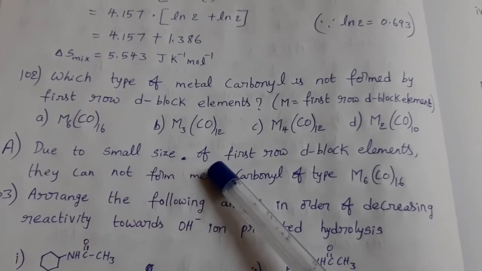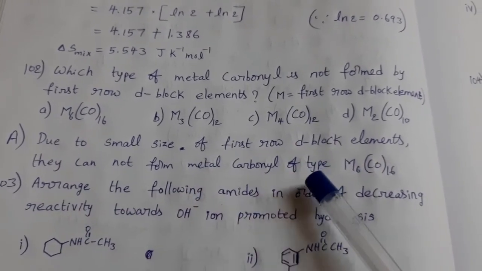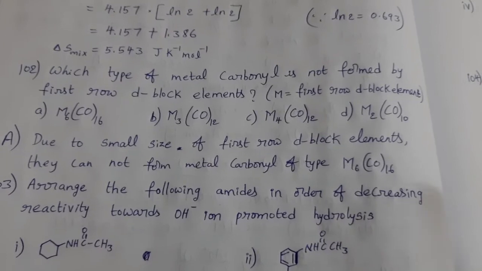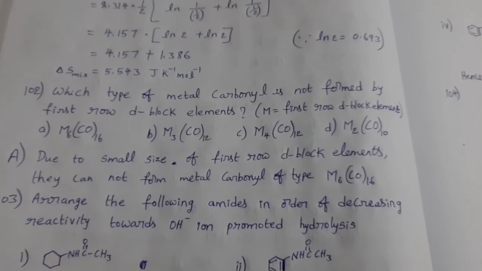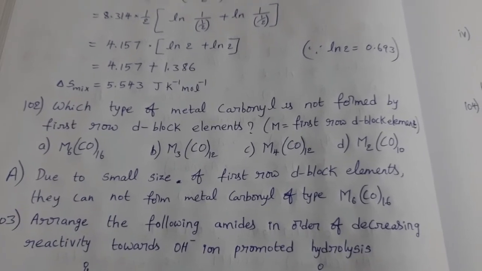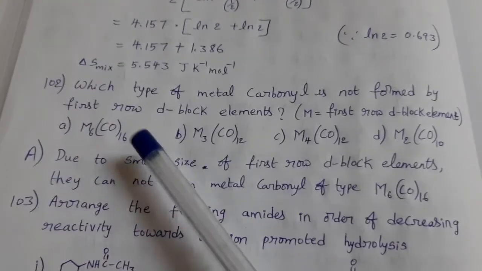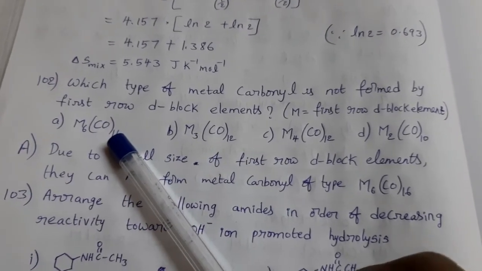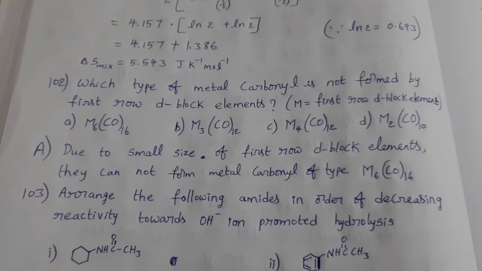Due to the small size of first row D block elements, they cannot form metal carbonyl of the type M6CO16. First row D block elements cannot hold 16 carbonyl groups. That's why we cannot get this type of compound. The remaining three types can all be formed by first row D block elements.